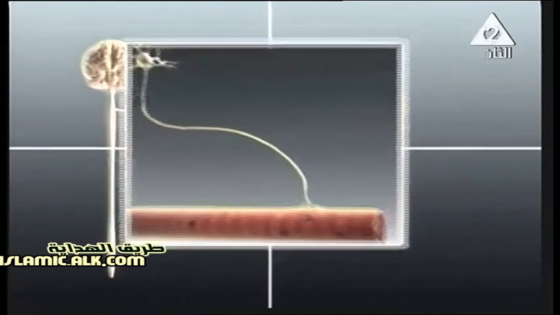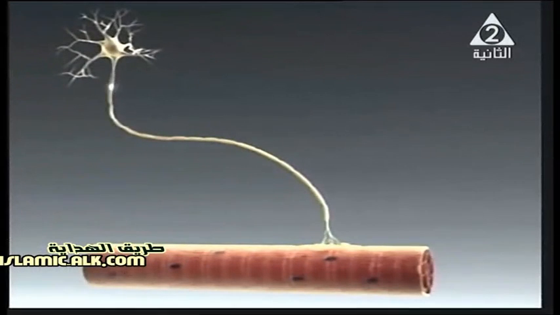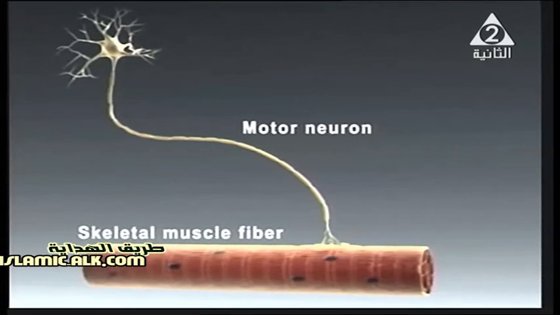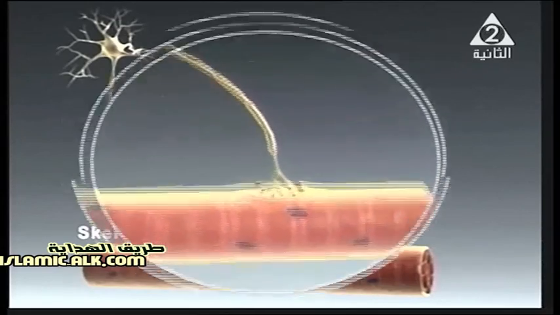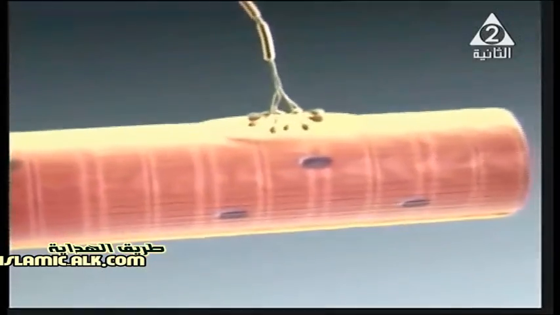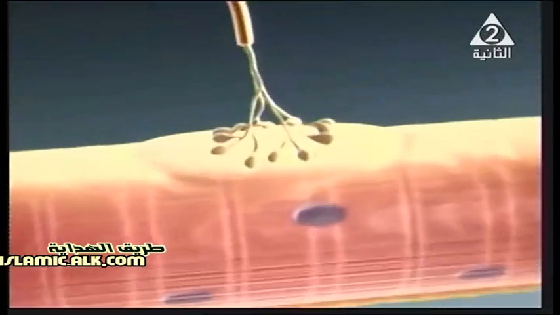This shows how the nerve impulse of the motor neuron reaching any muscle fiber causes depolarization of the membrane.